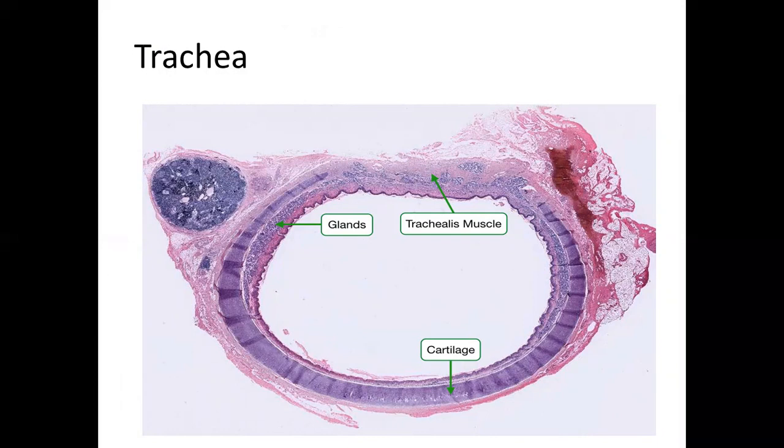The trachea begins at the cricoid cartilage of the larynx and ends when it bifurcates, forming the primary bronchi. Okay. What is its wall made of? The lumen of the trachea and its wall start with also a respiratory epithelium, which is pseudostratified ciliated columnar epithelium.